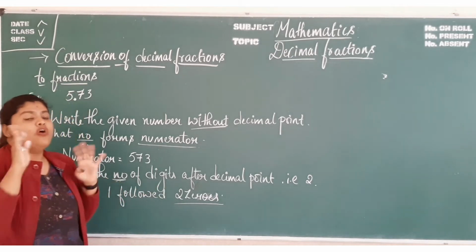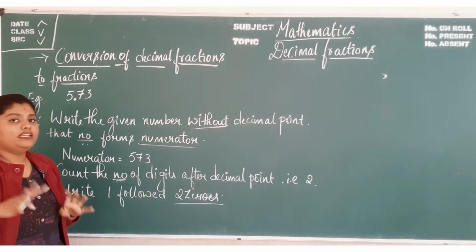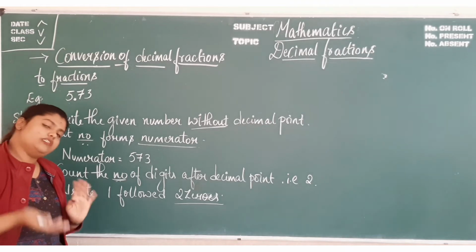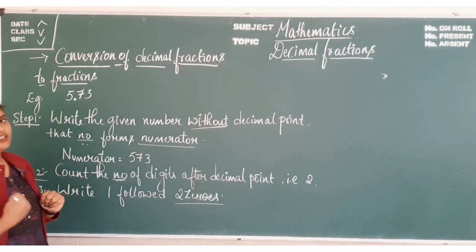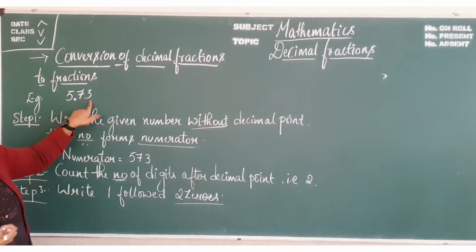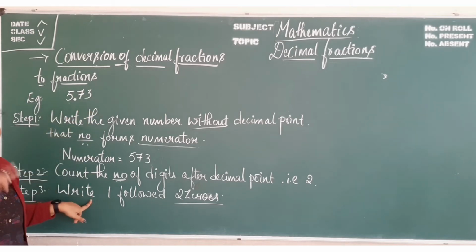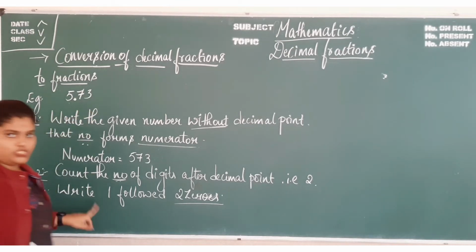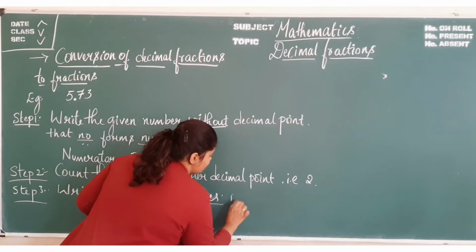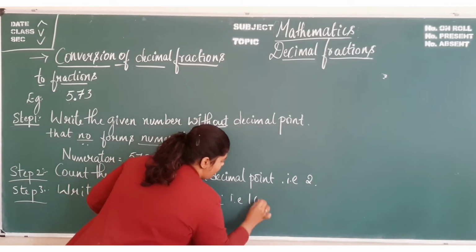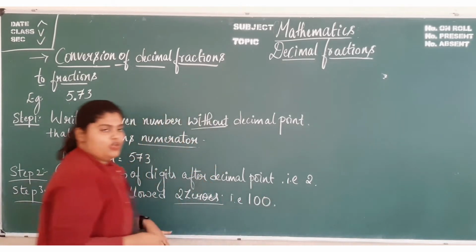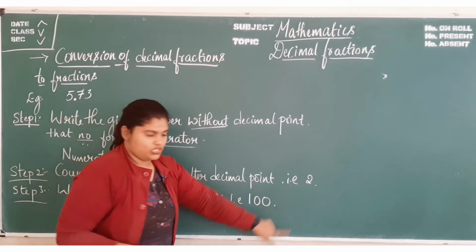If I had 4 digits after the decimal point, how many zeros should I write? Yes, 1 followed by 4 zeros. That's all. So what is 1 followed by 2 zeros? 100.